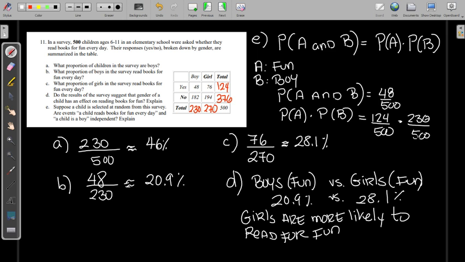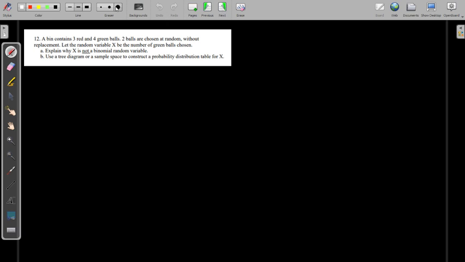We are using the denominator of 500 because we're talking about everyone. Now let's compare this with that to see if it is correct. So this one gave me 48 over 500, and this one gave me 124 over 500 times 230 over 500. If you compare this, you can use your calculator, but clearly it's not going to be the same. All right, let's move on to the next question. Question number 12, I'm sorry.